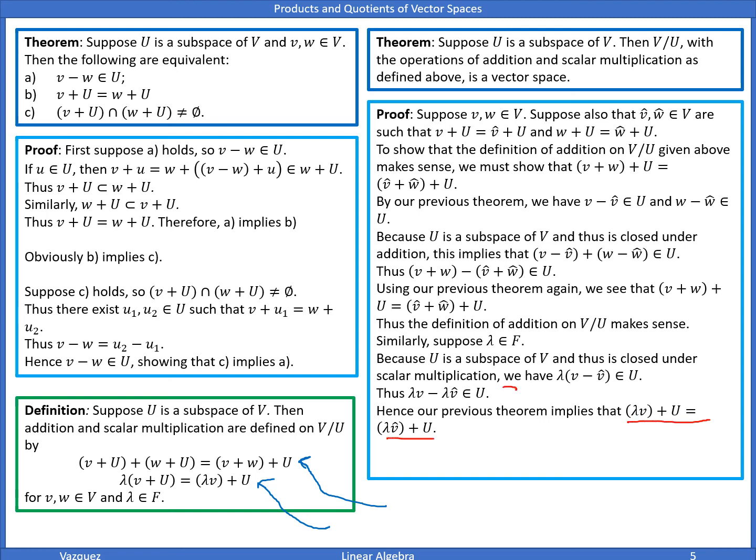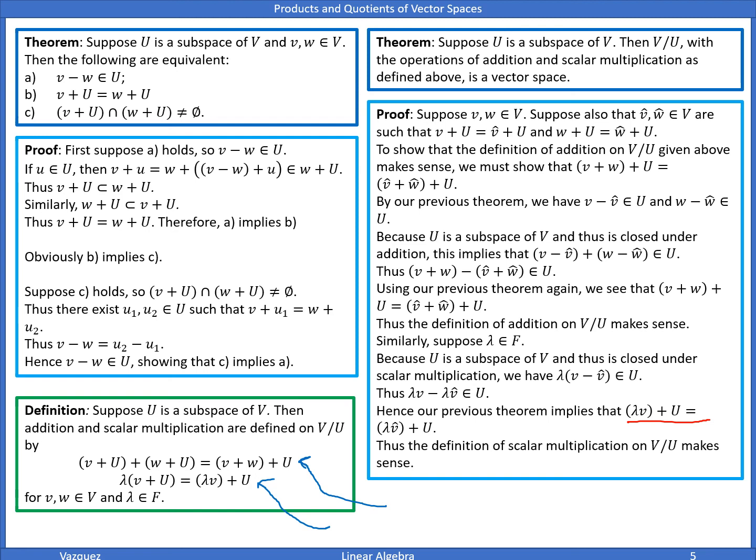Here, this is A, this is B, we're using A implies B. So just make sure you can follow that. We're just using that property of the previous theorem that A implies B, so we can get this equality, therefore showing that scalar multiplication is well defined, so it makes sense on the quotient space.